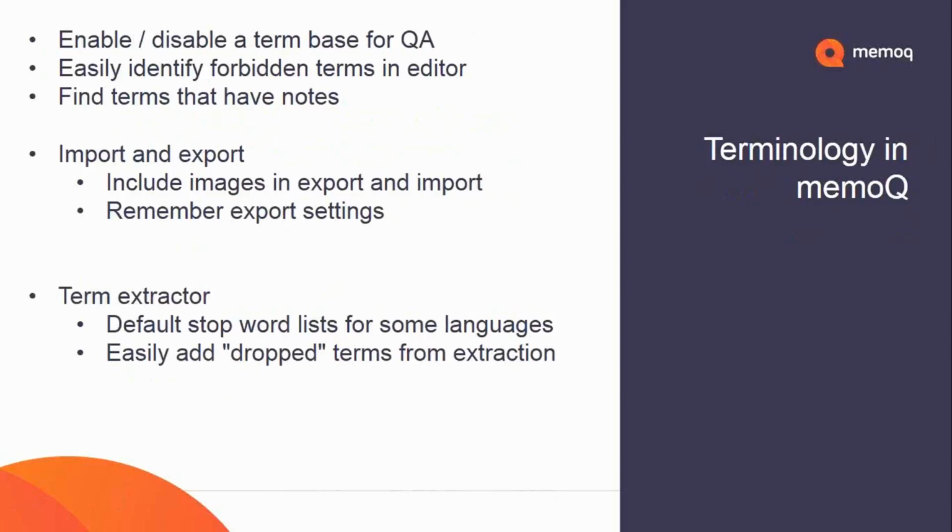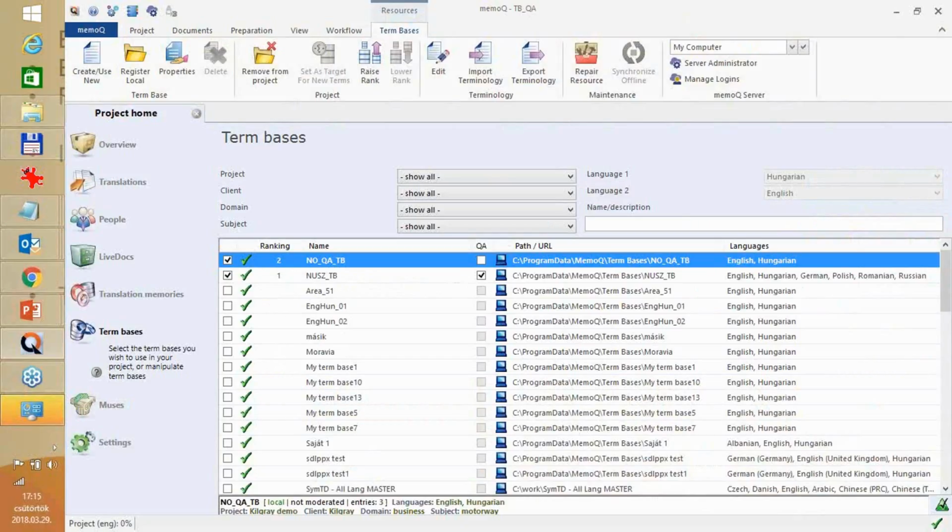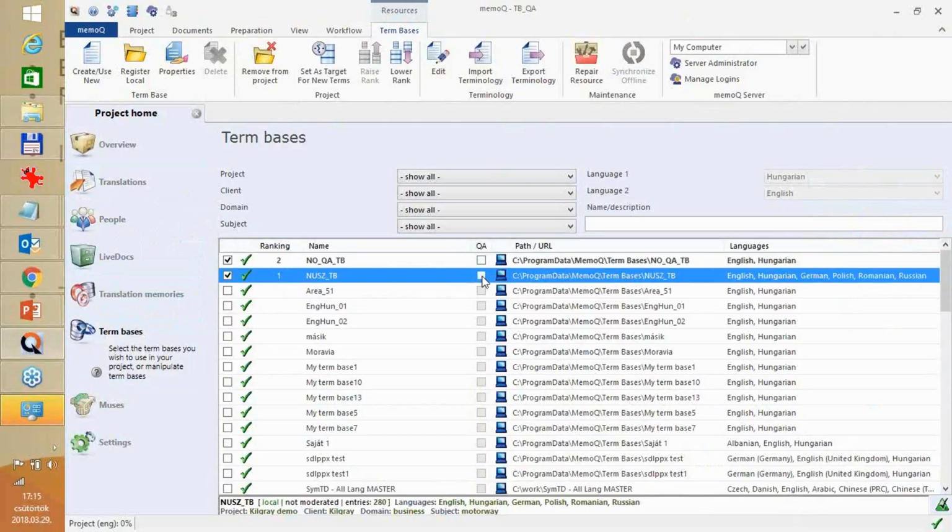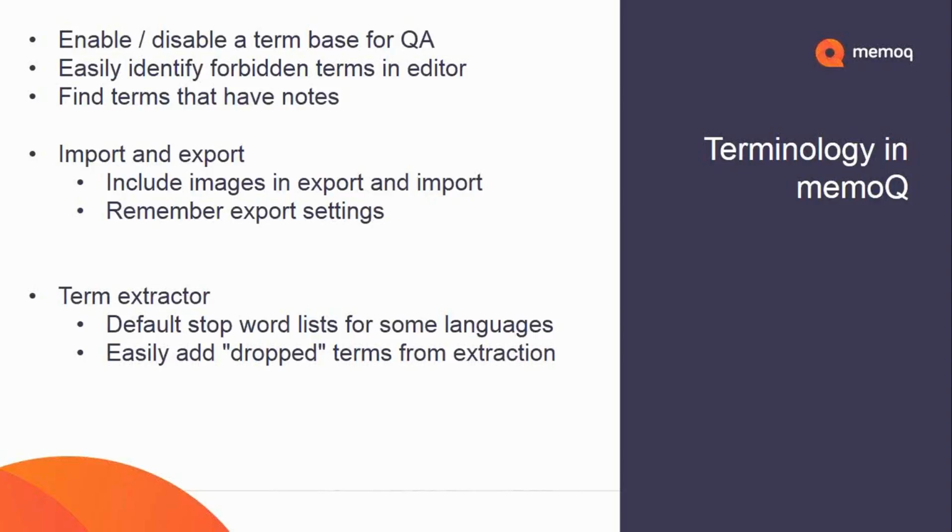It's actually implemented in a very simple way. I will just quickly show you. There is another column of checkboxes in the list of term bases in the project, and you can click the QA checkbox or uncheck it. And this tells memoQ whether or not to use that term base in QA.